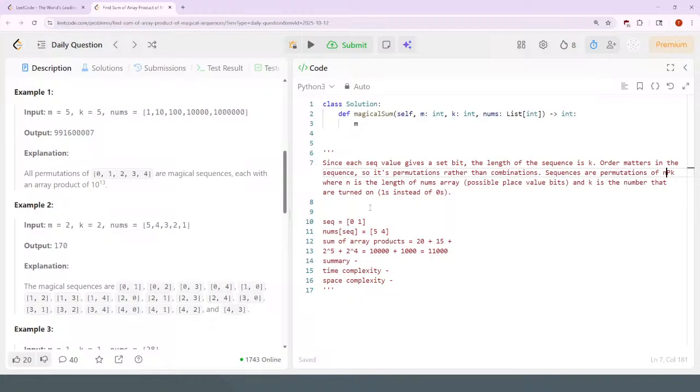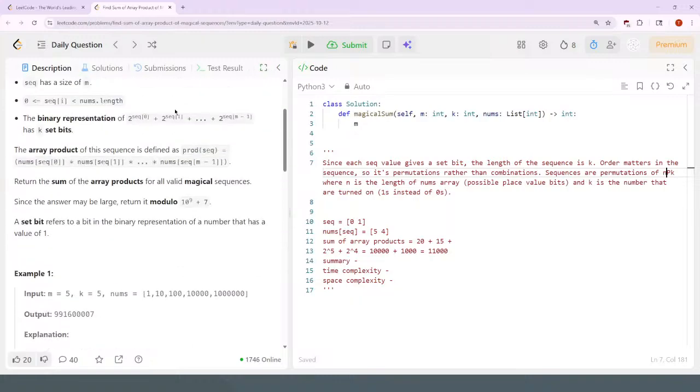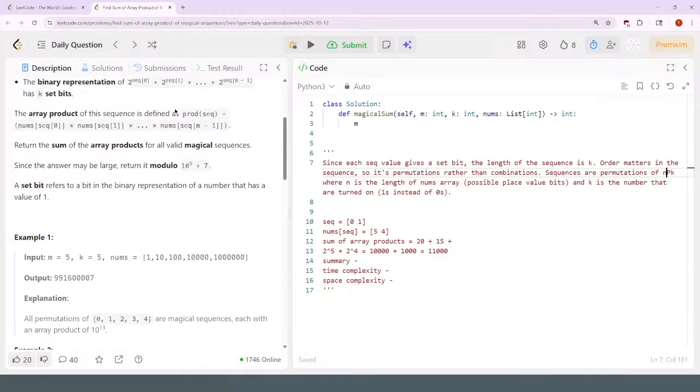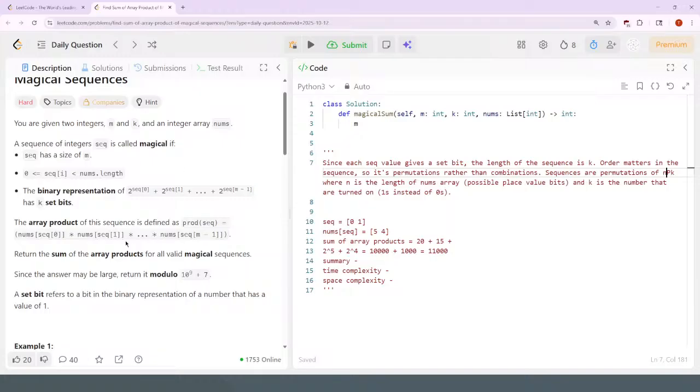So if the length of your sequence is bigger than K... I'm pretty sure that K can't be bigger than M. M can be bigger than K. Yeah, okay.